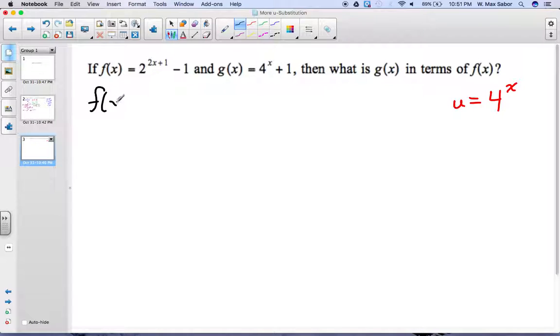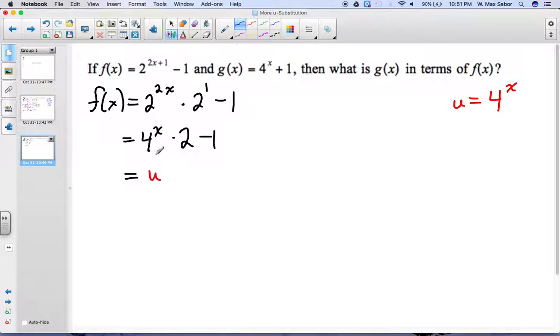Specifically, f of x, by your exponent rules, is the same thing as 2 to the 2x times 2 to the first, or 4 to the x times 2 minus 1. So 4 to the x was our u, so it's 2 times u minus 1. So this is what f of x is.